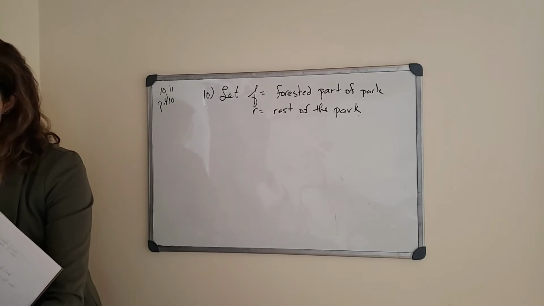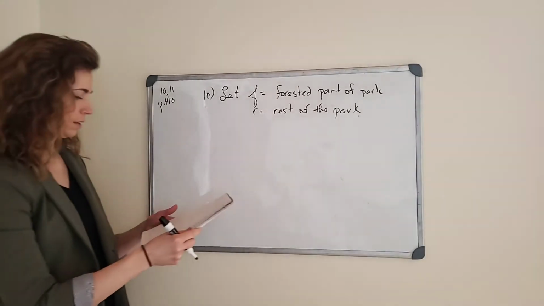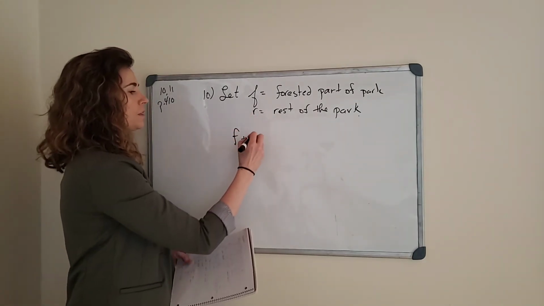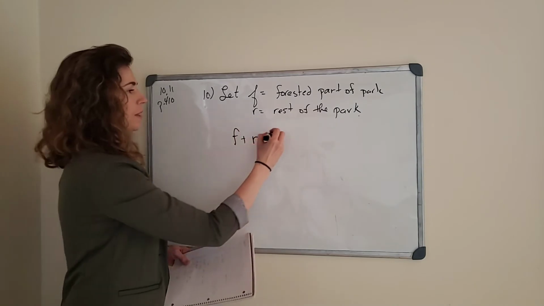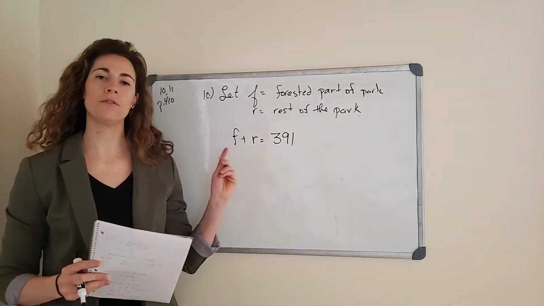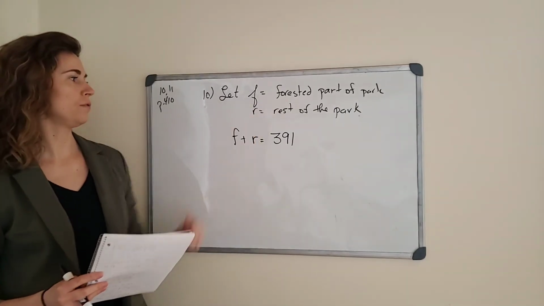All right, so it told us that there's 391 hectares, right? So the forested part plus the rest of the park does equal that 391. A lot of these problems are going to have something like that. It'll give you a total, and you just need to define your two variables.